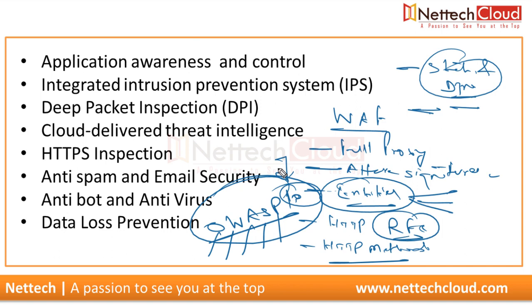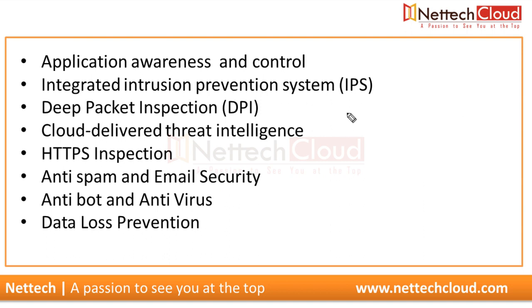So a WAF can protect from OWASP Top 10. Full proxy architecture, attack signatures, vulnerability protection is there, and of course layer 7 distributed denial of service attack protection, anti-bot, even IP rotation is also there. Next generation firewalls can provide vulnerability protection or even IPS, but we cannot replace a WAF with a next generation firewall.